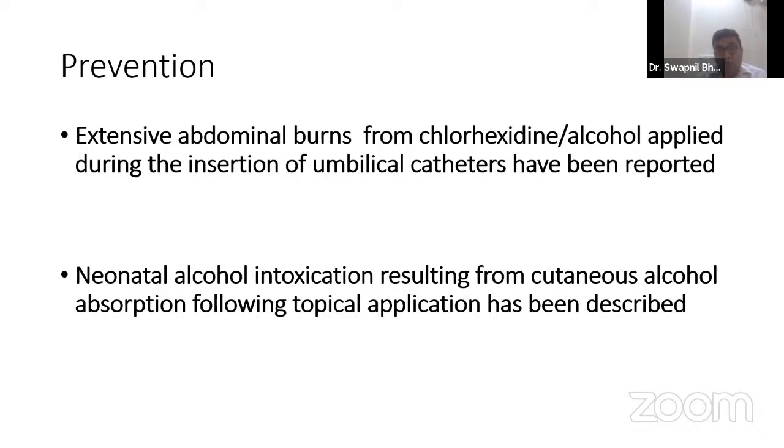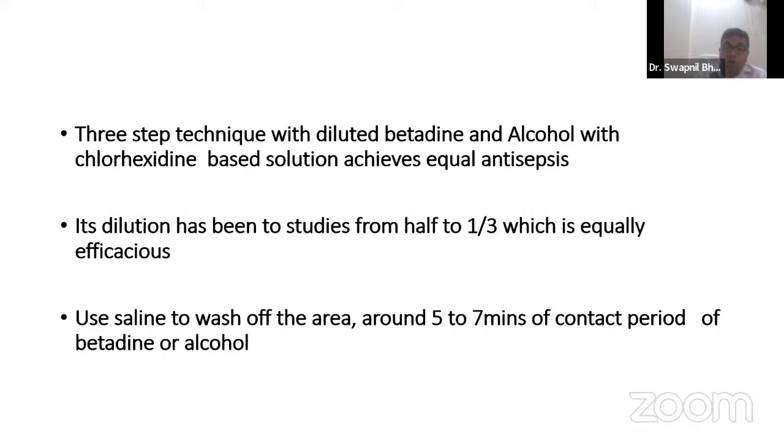Also, the thin skin of preterm babies absorbs a lot of components from these solutions. Because of betadine, there are reports of hypothyroidism or hyperthyroidism, and also there are reports of neonatal alcohol intoxication by using 70% isopropanol with chlorhexidine. Now, how to prevent this?